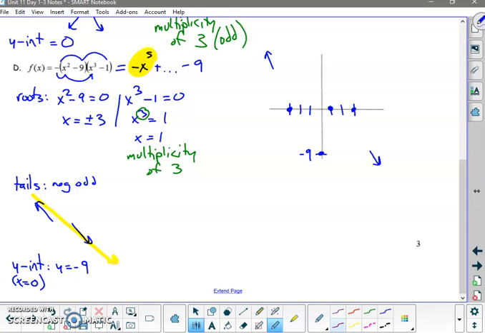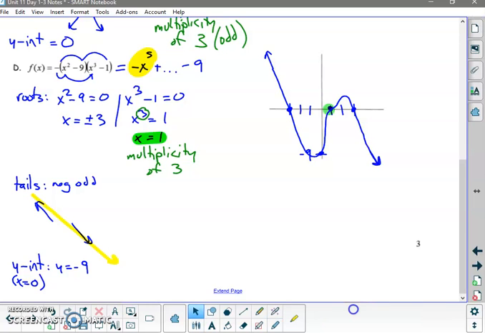Now the multiplicity of 3, that particular root right here, means the graph is going to flatten out. It's still going to cross through, but it's going to flatten out when it gets to that. Okay, so I've got something that's going to look kind of like this. I know these can get a little tricky to draw. And then it comes back down and joins that tail. So there's a very quick example. Roots, end behavior, y-intercept. Those three things we're going to do for every problem.